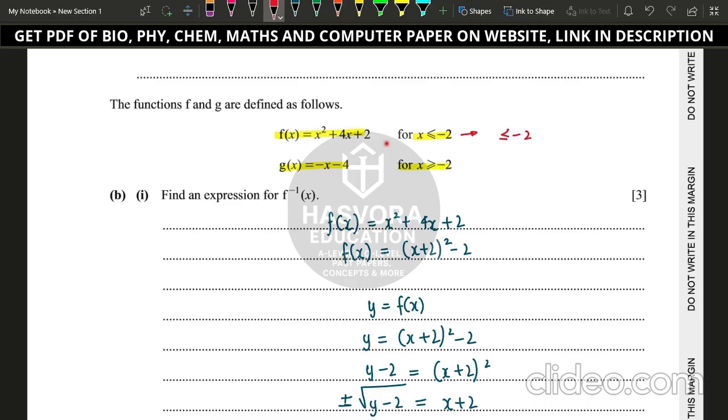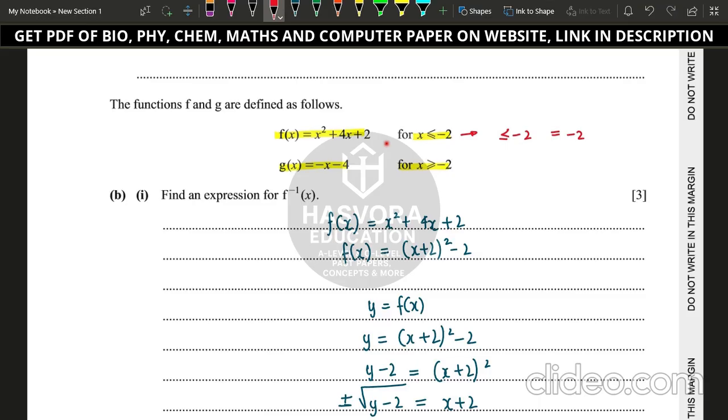So if I plug in minus 2, it will give you (-2)² + 4 × (-2) + 2, so 4 - 8 + 2, which is minus 2 in the end. It is going to give you the range starting from minus 2.